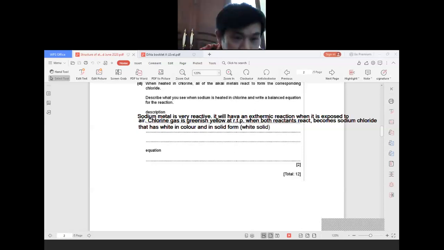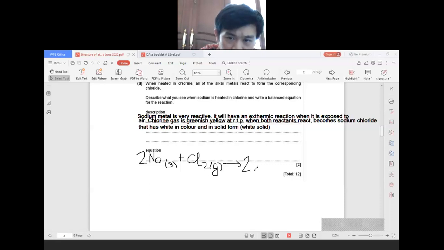So the equation here will become 2Na, which is solid, plus Cl2, which is gas, will become 2NaCl, which is solid form.